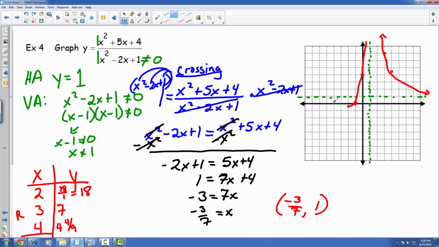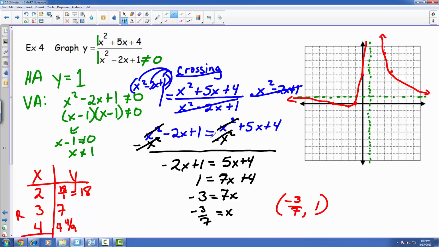So there should be a point here. As you can see, it dips down, but then it starts to come back up, and then it will hug that horizontal asymptote. So for asymptotes, at least the horizontal ones, you can actually cross, and then they do start to hug again like you've seen in the past.